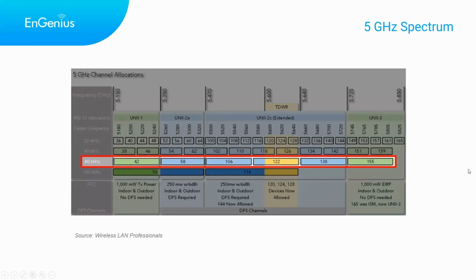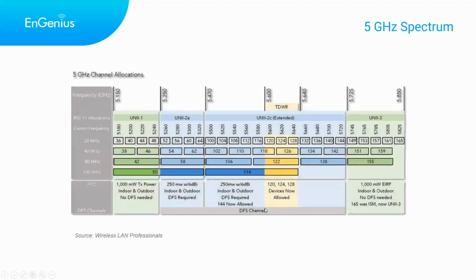But if you're pretty sure that there are no DFS channels or no devices requiring DFS nearby, then you can freely choose the blue channels here in between. So usually I avoid DFS channels when you are deploying near military bases, airports, or naval ports as well, because usually they would have radar equipment or weather equipment that can interfere with your Wi-Fi channels.